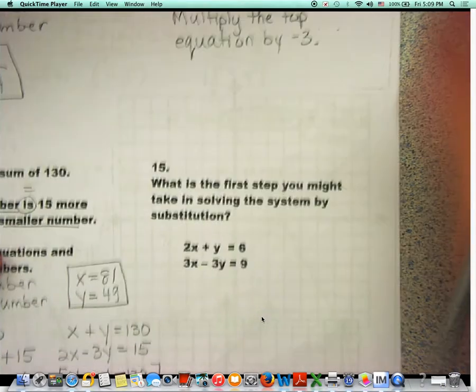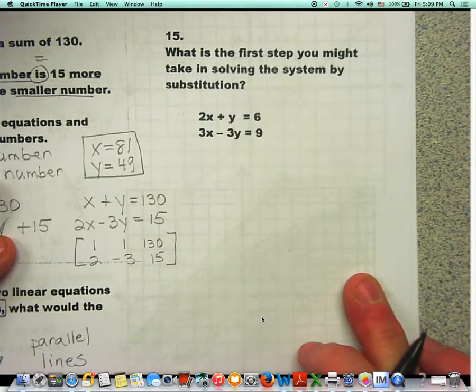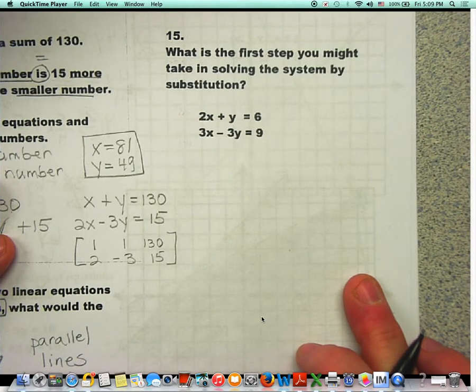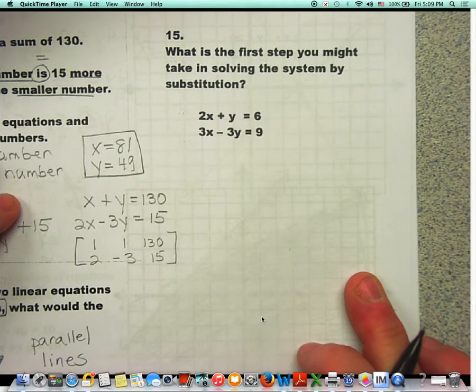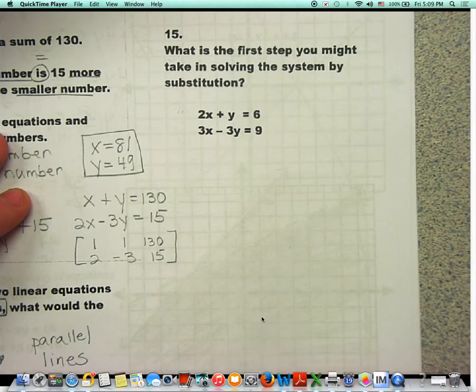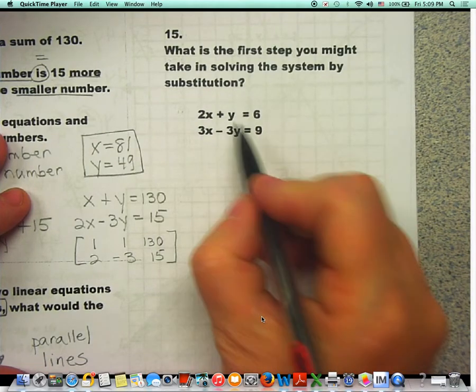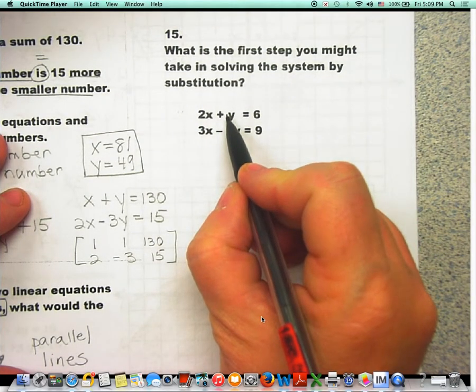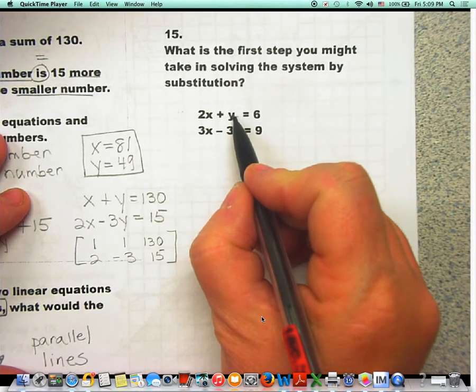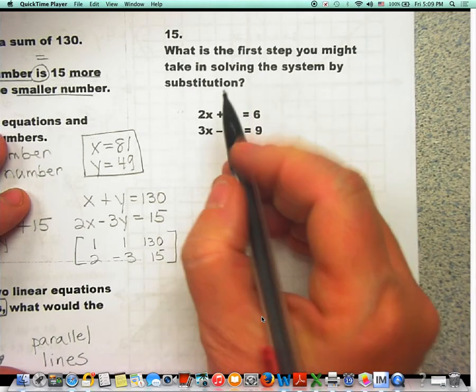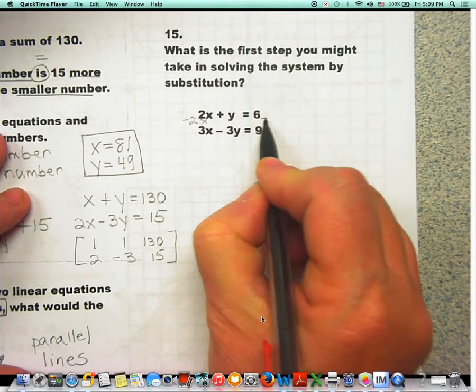Okay, then in problem 15, what is the first step you might take in solving the system by substitution? All right, so this time we have to do substitution. And in substitution, what we want to do first is get one of the variables by itself in one of the equations. And so the easiest one would be the one that doesn't have a number in front, that only has a 1 in front of it. And so we're going to solve for y and get y by itself. So the way to solve for y is you would subtract 2x from both sides.